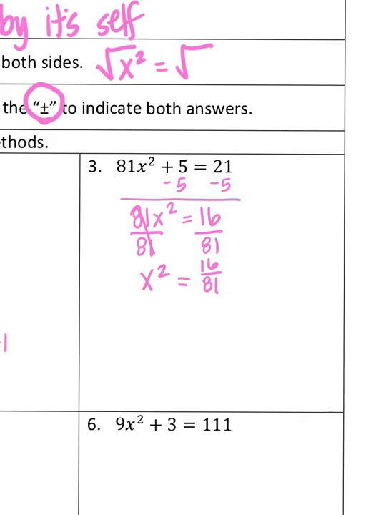Take the square root of both: the square root of x squared is x, the square root of 16 is 4, and the square root of 81 is 9, and I put that plus or minus in front.